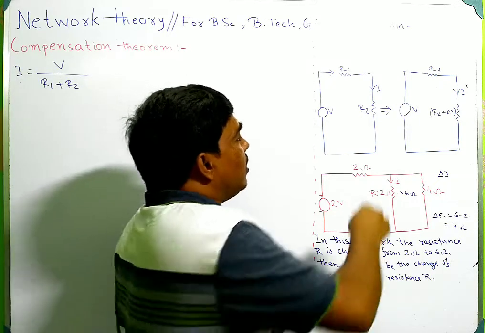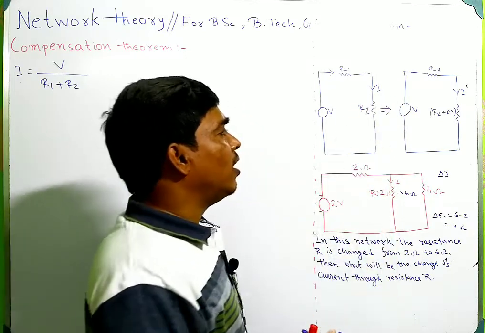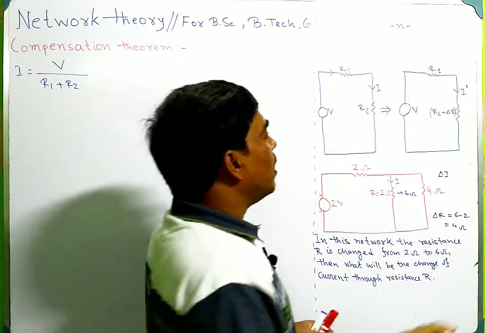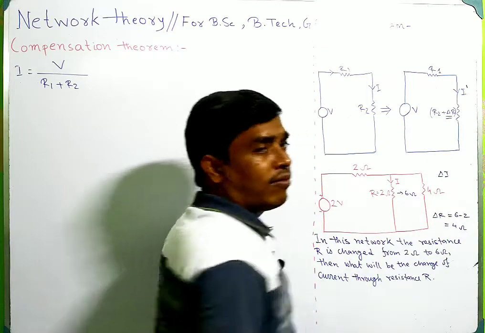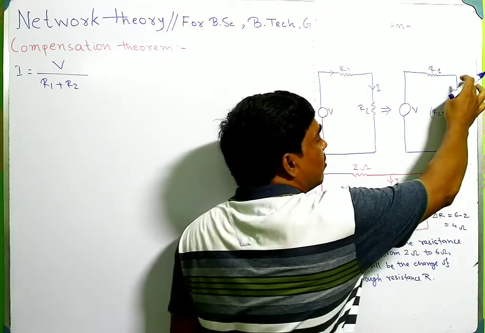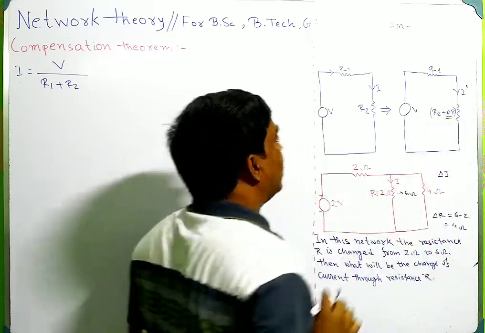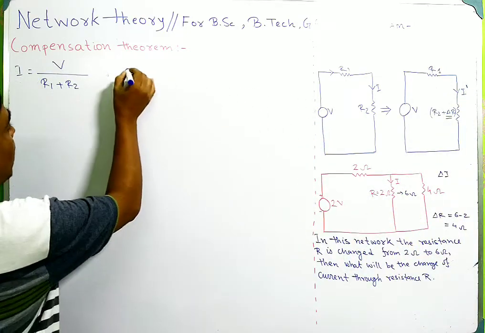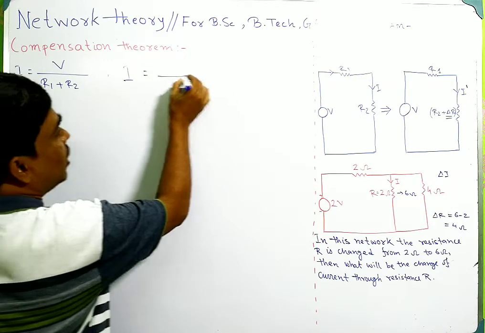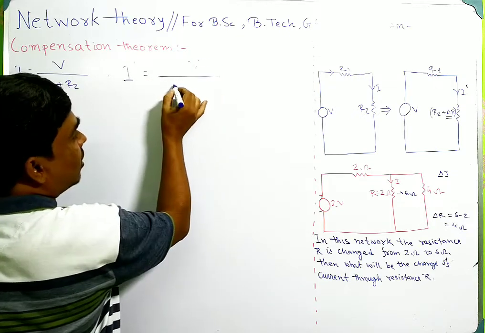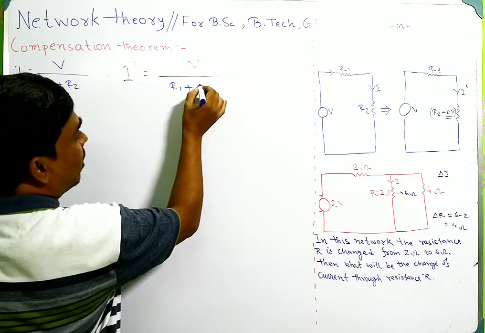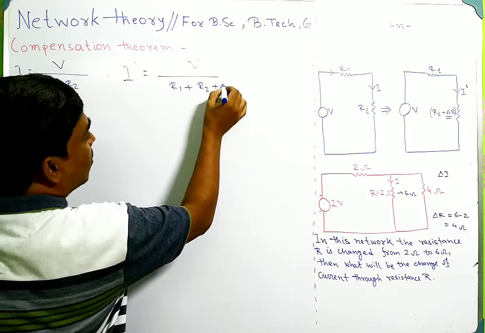Now this resistance is increased by amount del R. Then the current through this network is I dash. So I dash must be equal to V divided by R1 plus R2 plus del R.